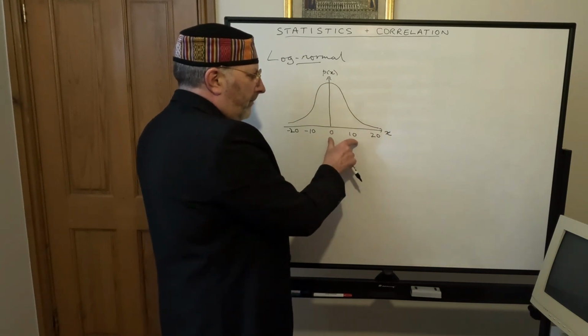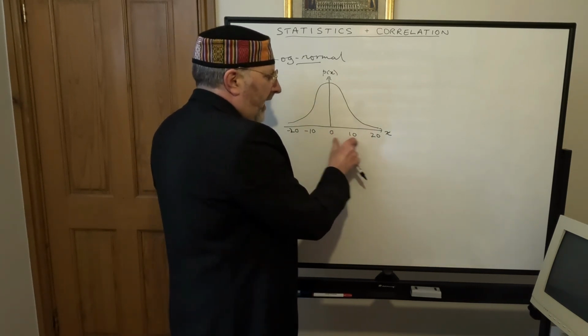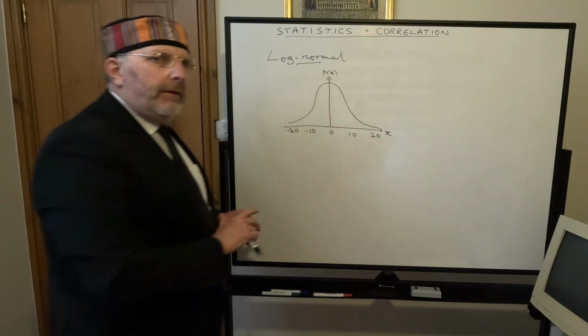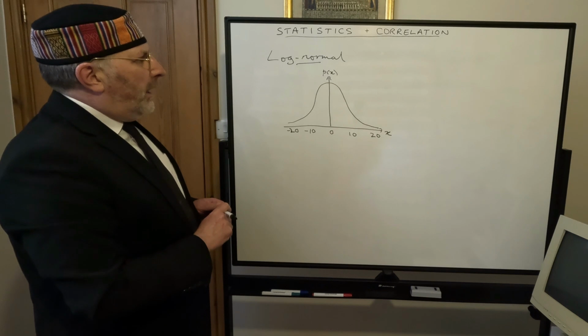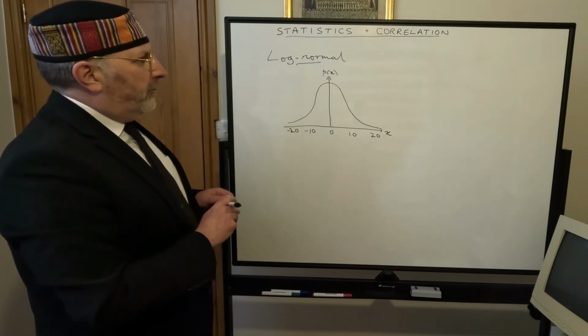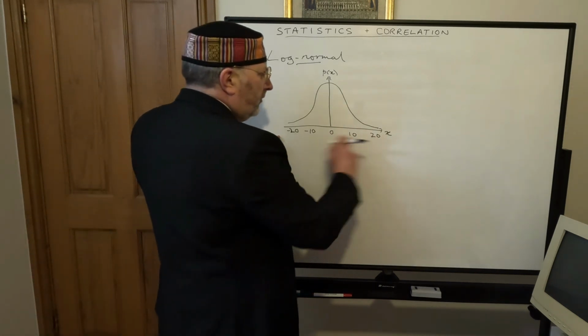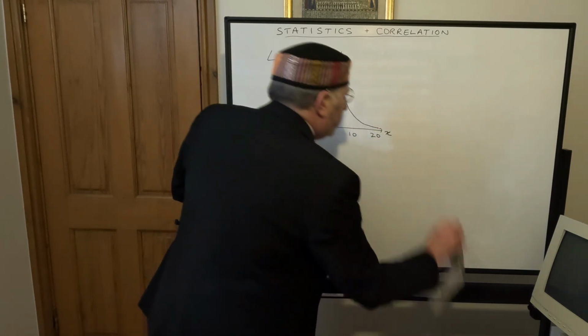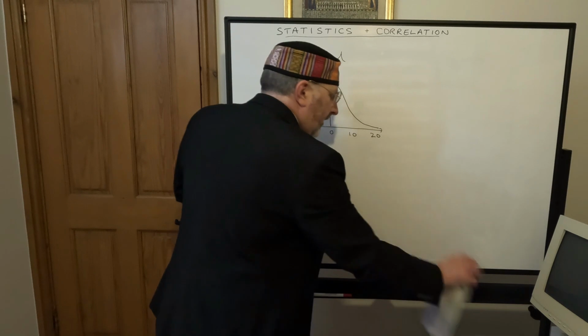With it's from 10, it might be double that, it might be treble that, but it's not going to be much beyond that. But with a log normal distribution, we regard this not as the variable x along here, but as the log of x.